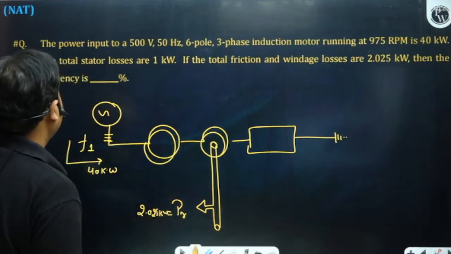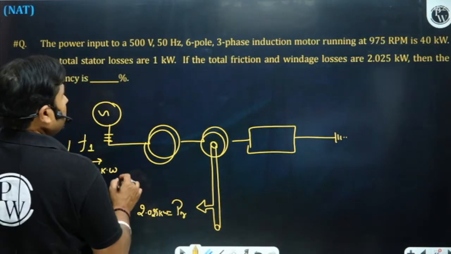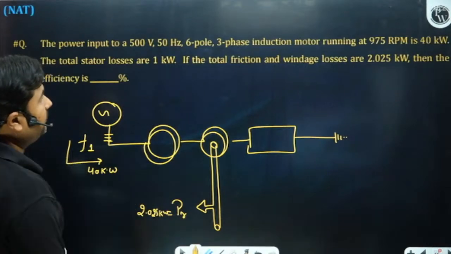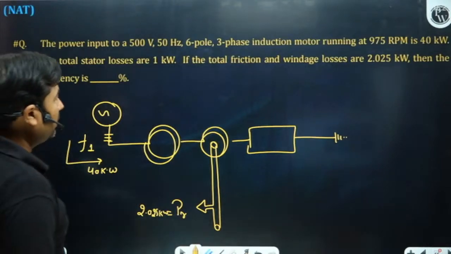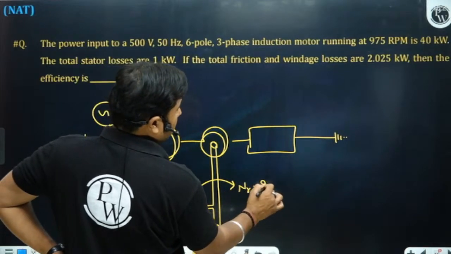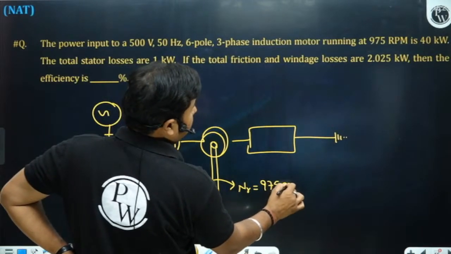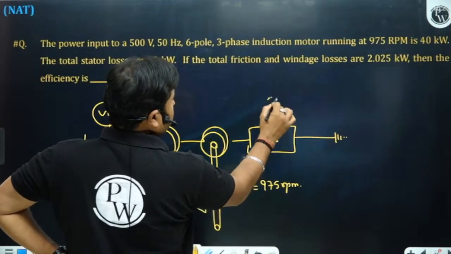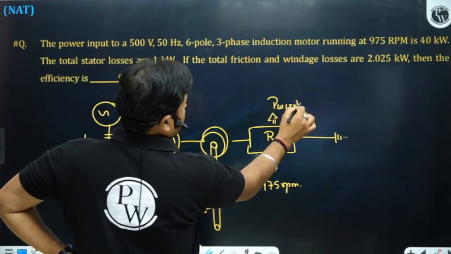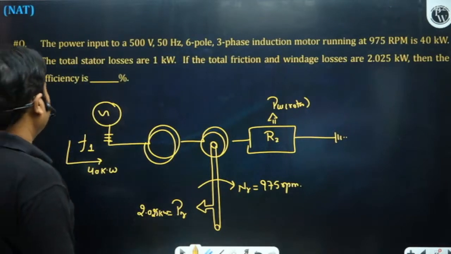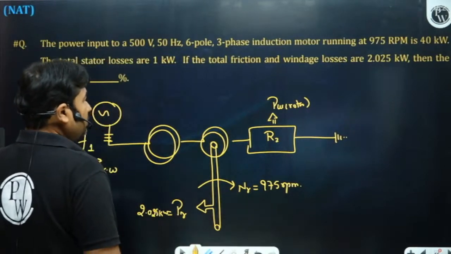The power input is 40 kilowatt when motor is running at a speed of 975 RPM. Here I am representing rotor copper loss. Now please observe.